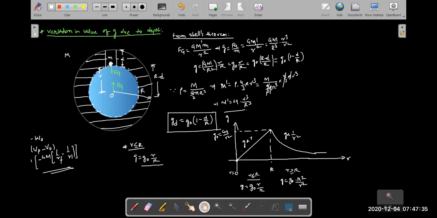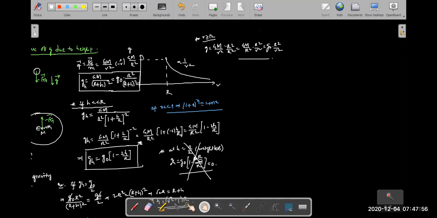Is it done? No, sir. Sir, in plotting the graph, how did you determine the other formula, g equal to g naught into R square by small r square? Here I've written it, from this expression. Did you get it? Yes, sir, I've got it.